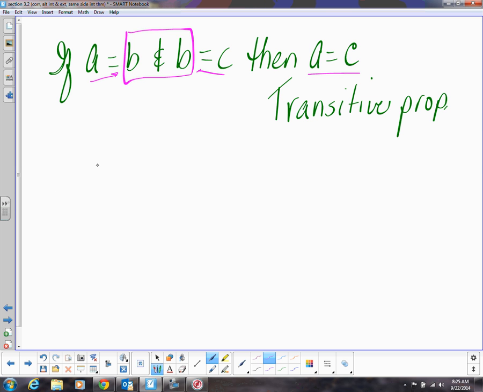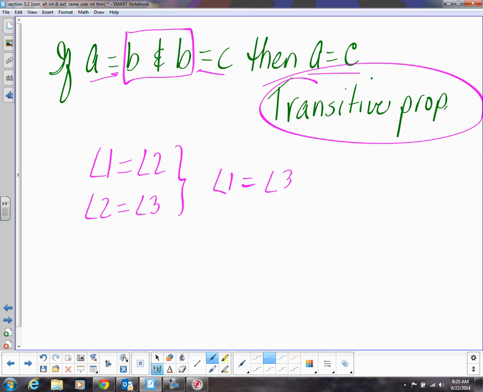So if you see angle 1 equals angle 2, and angle 2 is equal to angle 3, what can you conclude? Angle 1 equals angle 3, or angle 3 equals angle 1. And what would the reason be? It's called the transitive property.